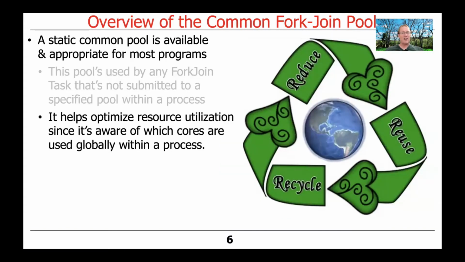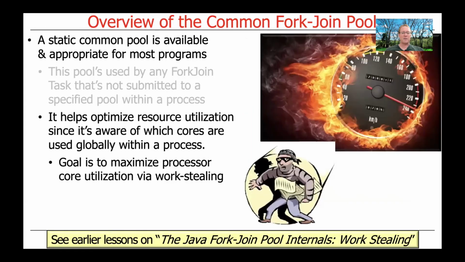So why do we have a common fork join pool? Well, the main reason here is to optimize resource utilization by making it possible for one pool to be aware of all the cores and all the tasks and so on that are being used globally within a process. So this allows the Java fork join pool framework to have global knowledge of what's happening.